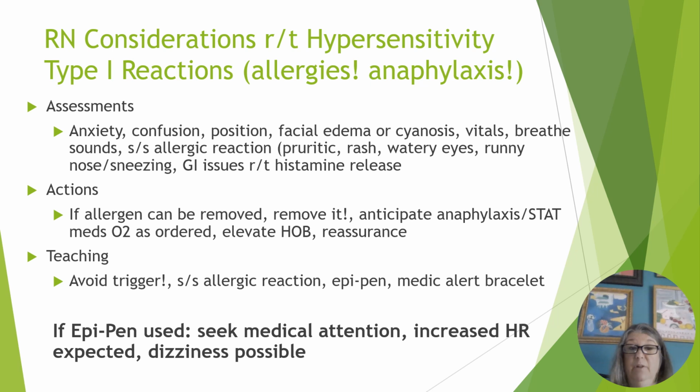The patient may complain of feeling faint and diaphoretic. And they could have a GI response: diarrhea, stomach cramps, abdominal pain. This is because, due to the histamine release, we're going to have increased acid in the stomach. And so that can cause all those GI signs and symptoms.